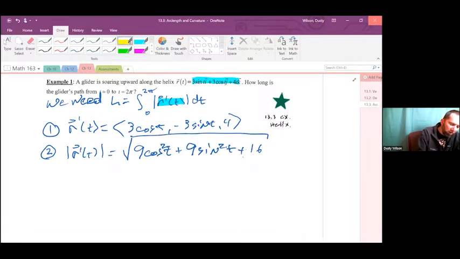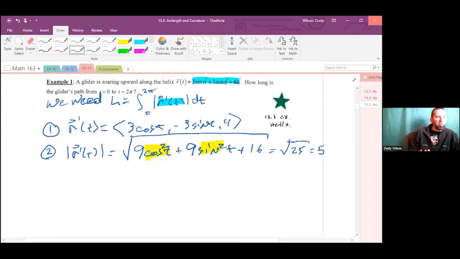Notice that there is a cosine squared plus a sine squared, so you could factor out a 9, leaving you 9 times cosine squared plus sine squared, which is of course 1. And so this will be equal to the square root of 9 plus 16, or 25, which is a funny way of writing 5. So first we found r', then we found the magnitude of r', which is constant, and finally we can find the integral.